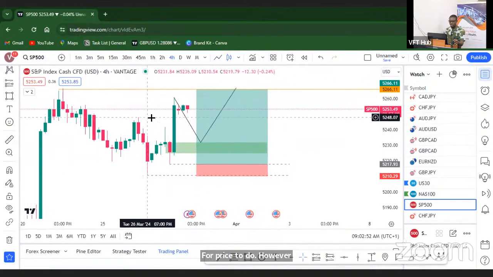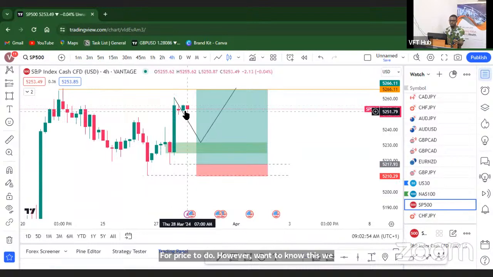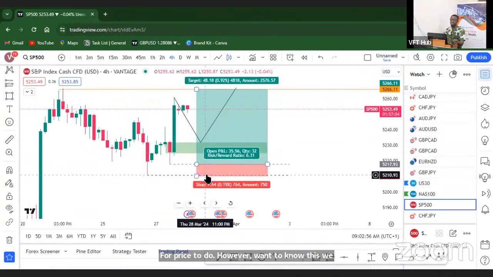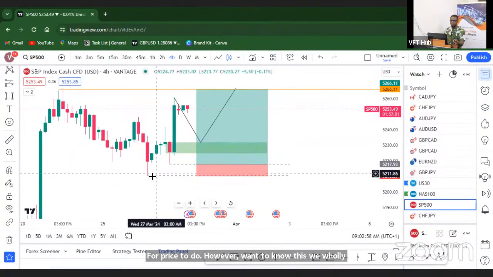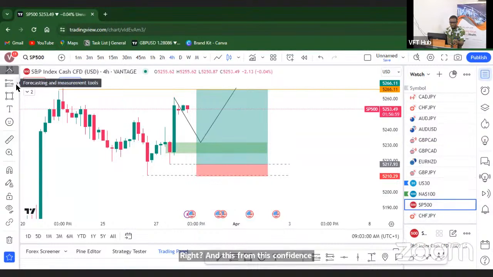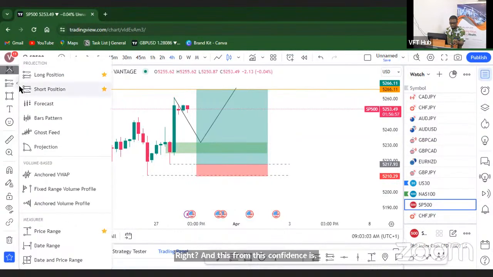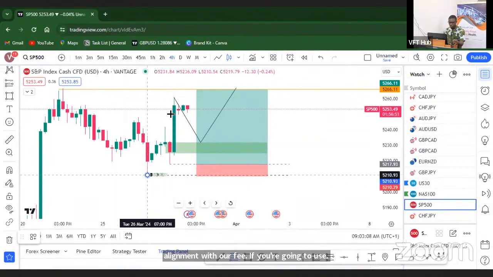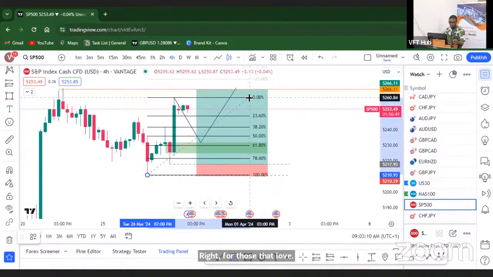However, want to know this will only hold if price trades to the downside, right? And this confluence is in alignment with our fib. For those that love fib, we're going to use fib. You see it's in a discount level.